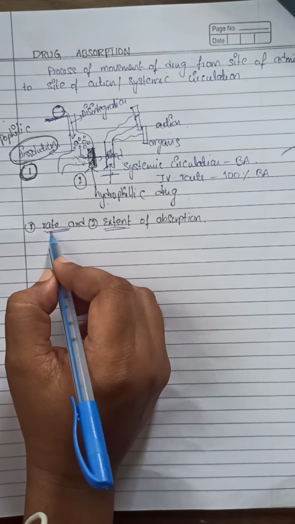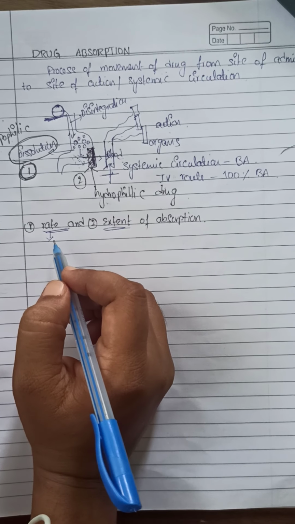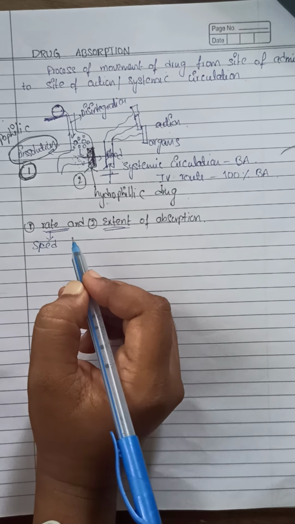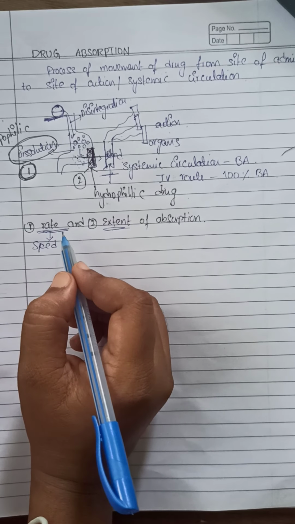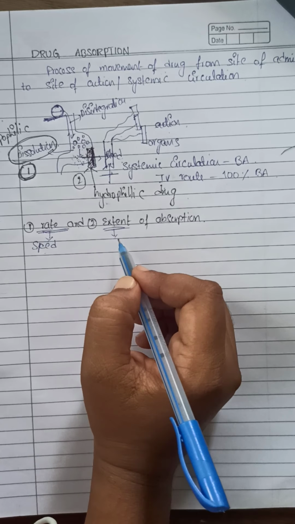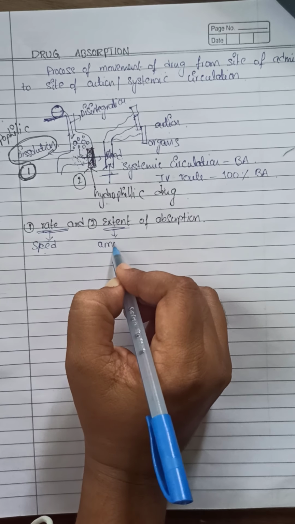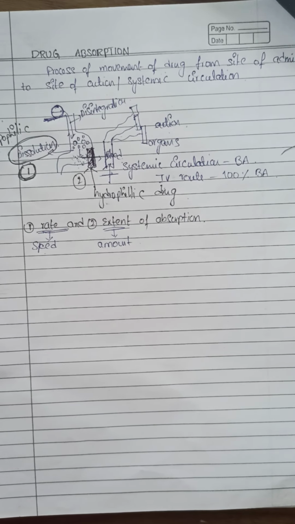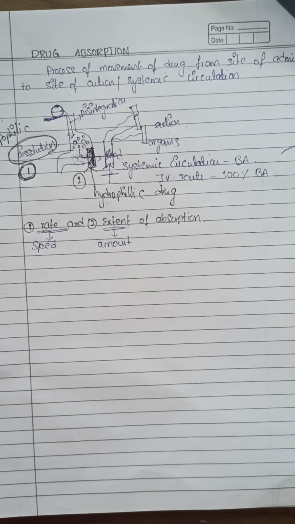Rate means the speed with which the drug enters into the systemic circulation. It is nothing but the speed with which the drug enters the systemic circulation. Whereas extent means the amount of the drug which enters into the systemic circulation.